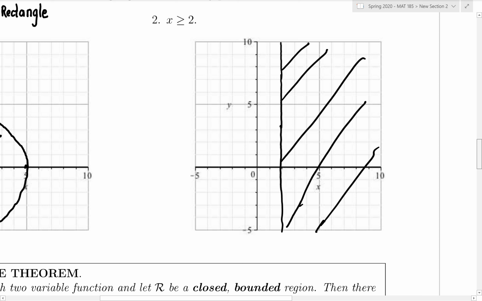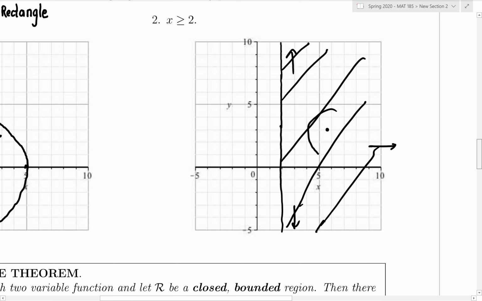It extends infinitely in the x direction, and it extends infinitely in the y direction. So the question is, can we find a disk large enough that's going to contain all of these points? And the answer is no, because no matter how big a disk we take, it's never going to contain everything in this region.